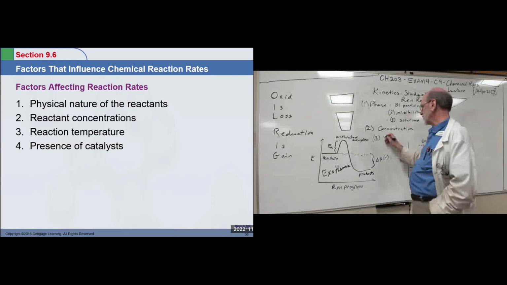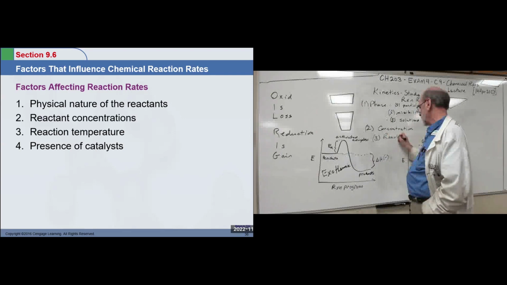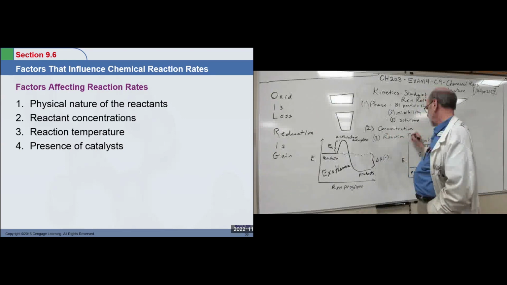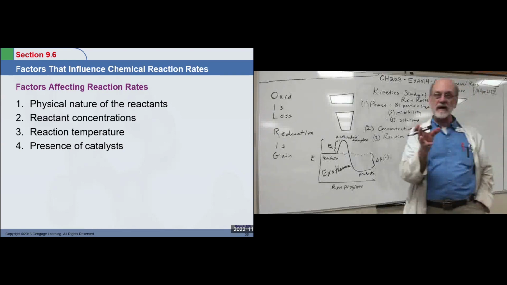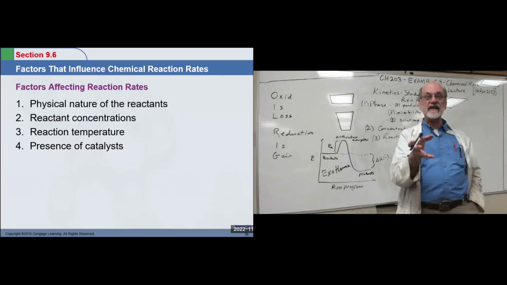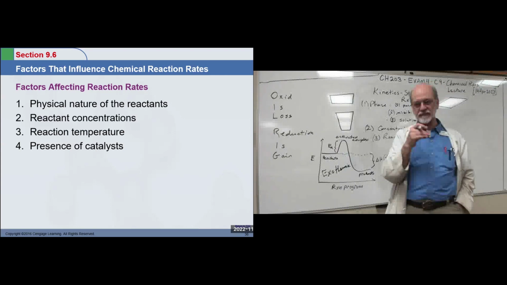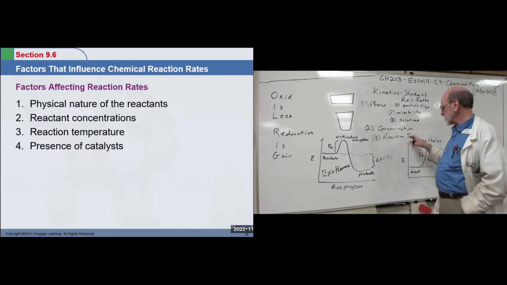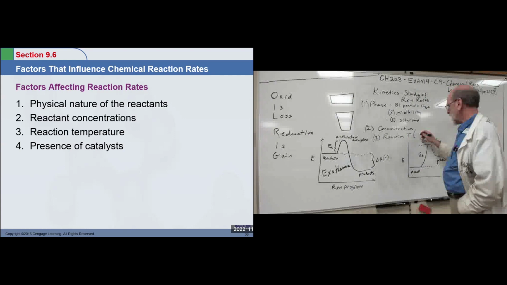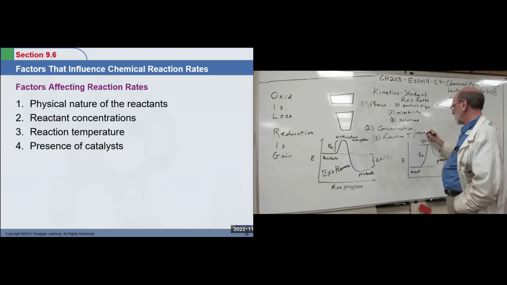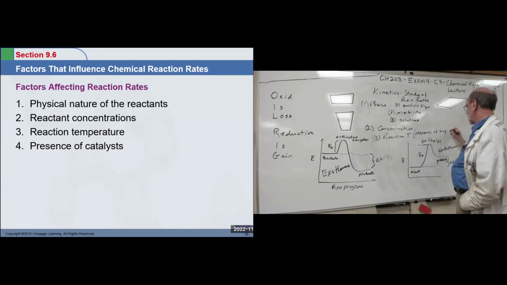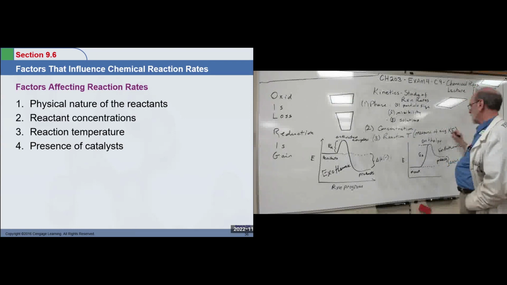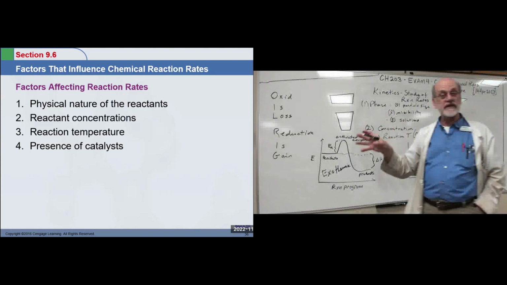Reaction temperature. Reaction temperature has an influence based on the collision model because that supplies the activation energy. Remember, temperature is a measure of the average kinetic energy of all the molecules in a substance.